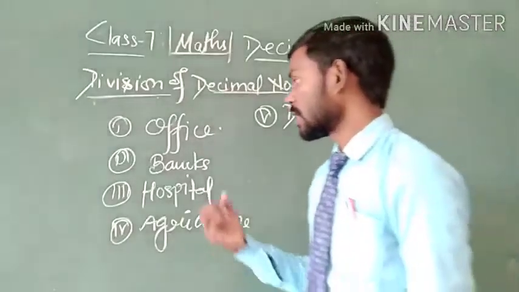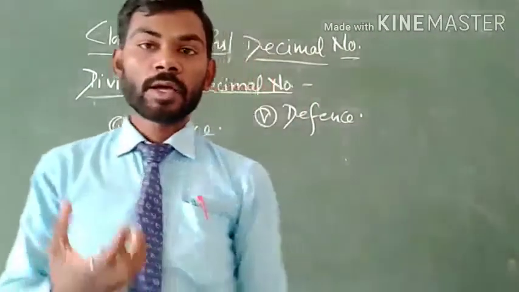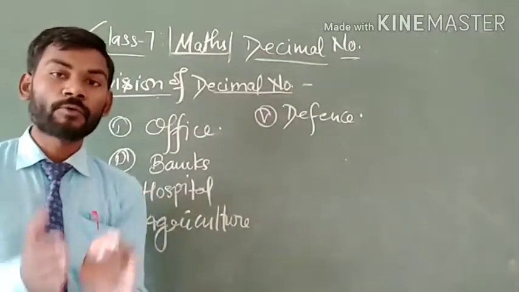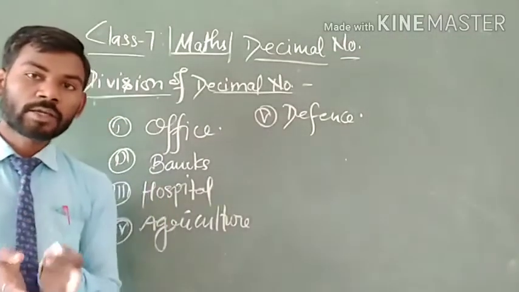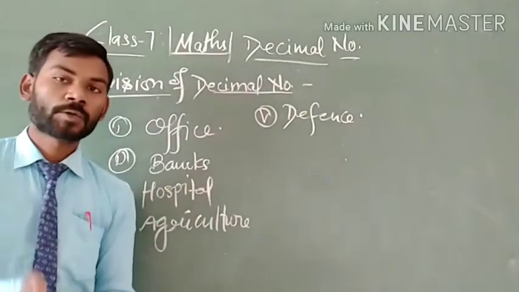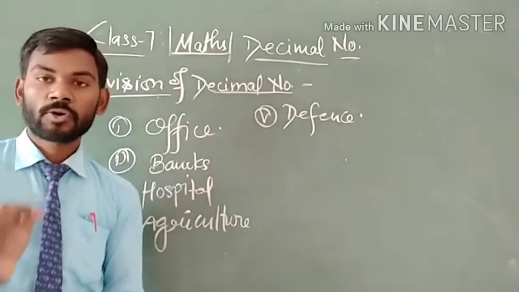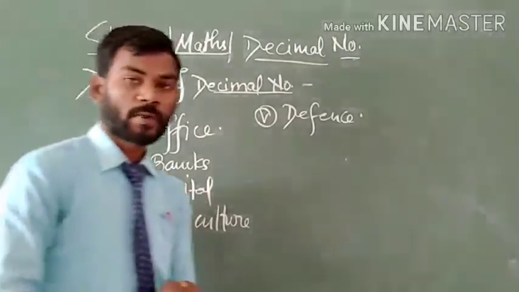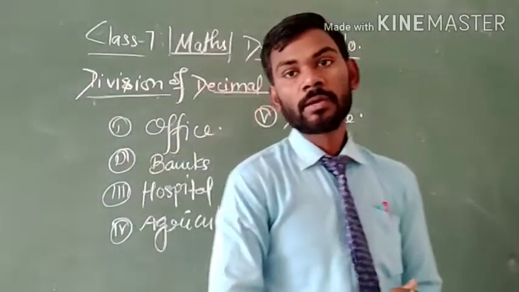Here I just listed some important and particular sectors where the division of decimal number, or you can easily say the concept of decimal, is used: in office, in school, in banks.